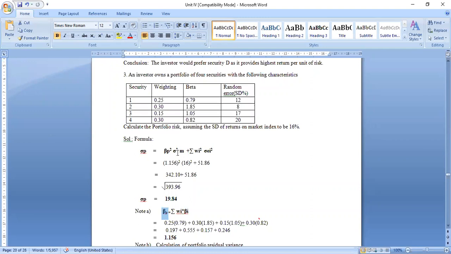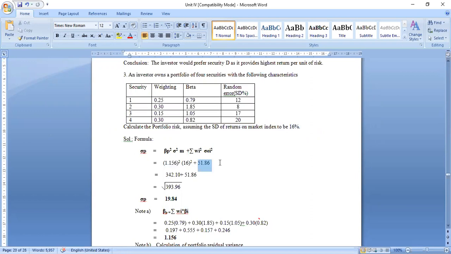And then we are going to substitute it here because we have already calculated the beta as 1.156. So we need the square, so 1.156 the whole square, and then this is the standard deviation of returns on the market index, but we need the market index variance. So we need to square it, that is 16 square.